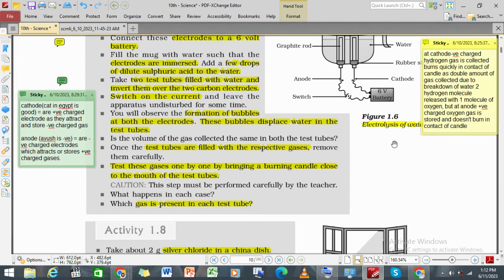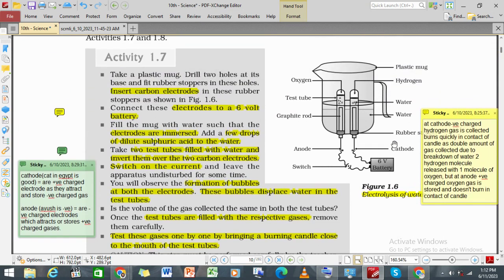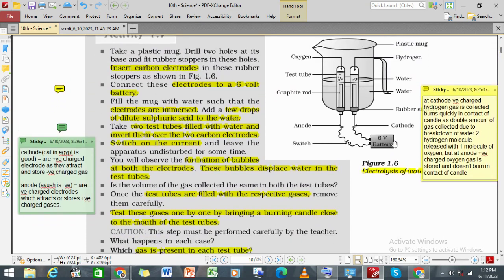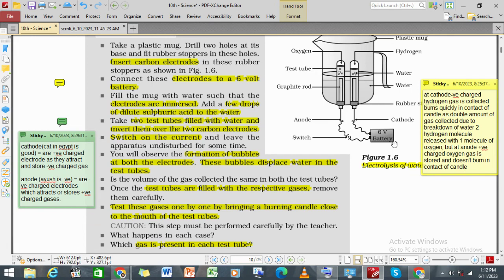We already know that cathode is the negatively charged electrode which attracts the positively charged ions, and anode is the positively charged electrode which attracts the negatively charged ions. At cathode, hydrogen gas is collected, and hydrogen gas will be double the amount of the oxygen.